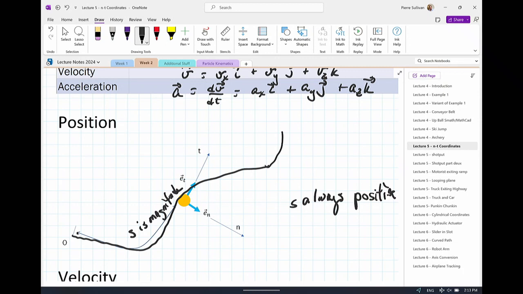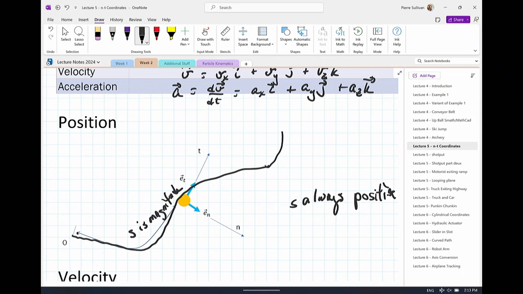So S is an increasing value that with time sort of starts at 0 and continues on, and you measure it in, say, meters, and you can have 100 meters, but it only is path dependent. So that's one of the tricky bits about this particular coordinate system.